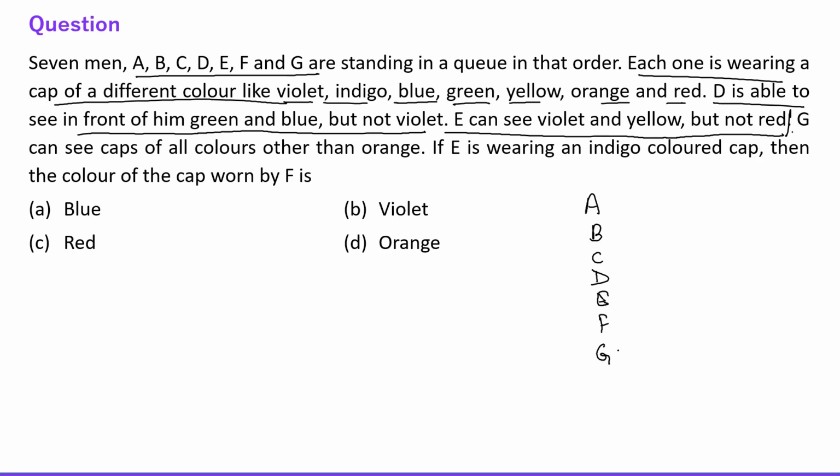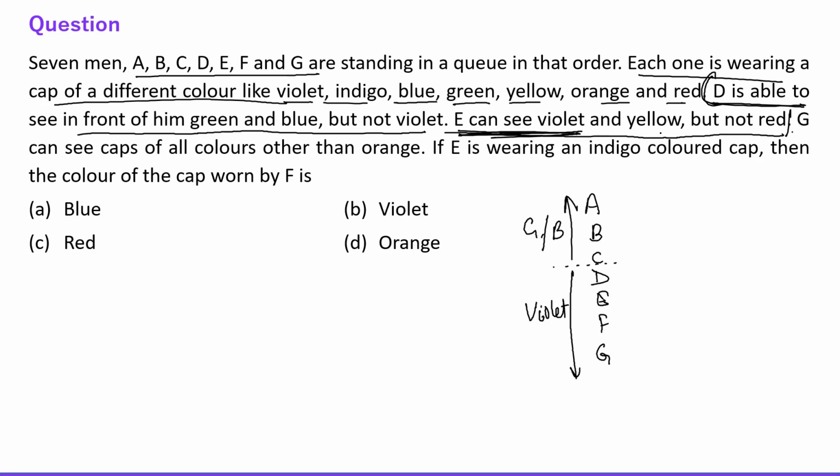The first condition is D is able to see in front of him green and blue but not violet. It means they are wearing either green or blue, and they are not wearing violet. In front of D, A, B, C are there, so they are wearing green or blue, and obviously from D onwards, D, E, F, G, any one of them is wearing violet. Fine. E can see violet and yellow in front of him.